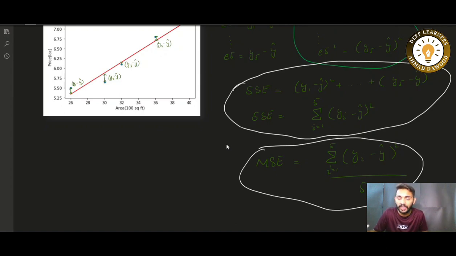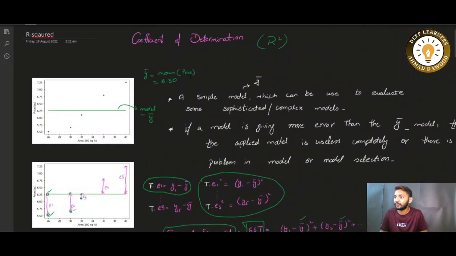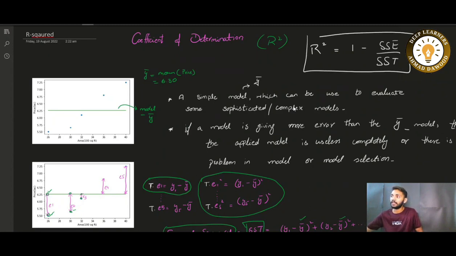Two errors you have. Now when you see the formula for the coefficient of determination, it is R square equal to 1 minus SSE divided by SST.